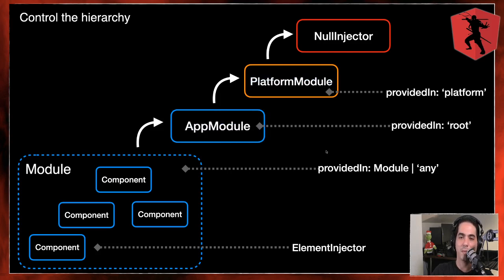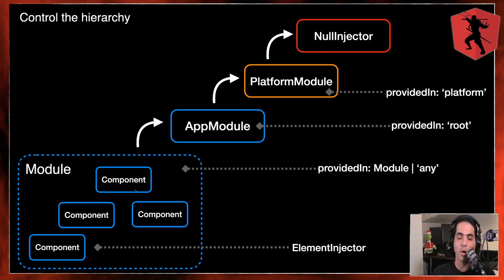Now, let me be honest here. Most of the common use cases, when you've got some logic and you decided that this object should be a singleton, and this logic should be shared across your app, there is no point in providing it on the node injector level.